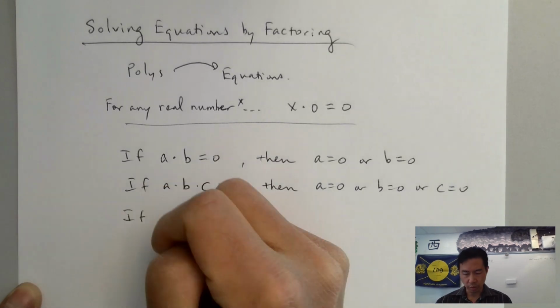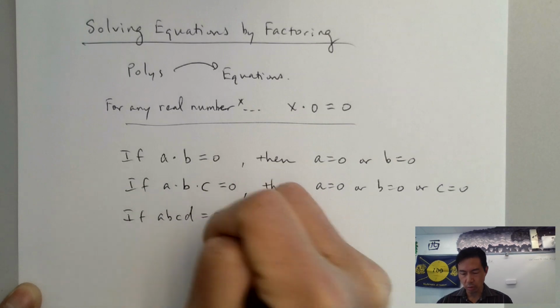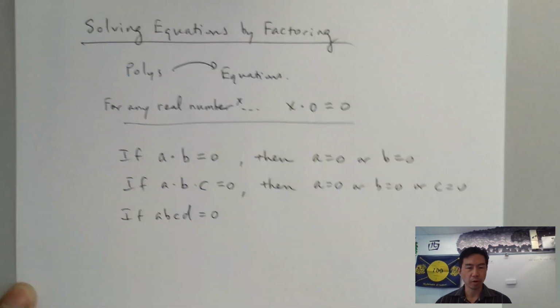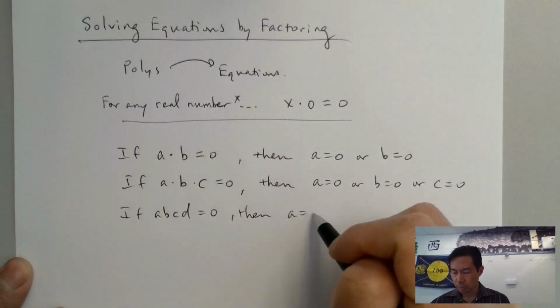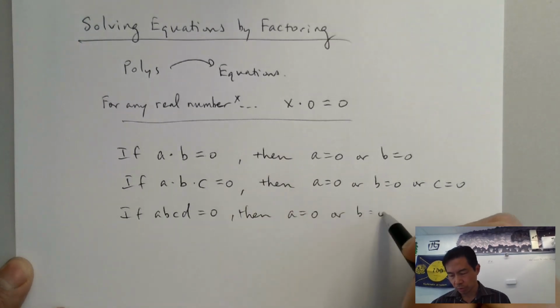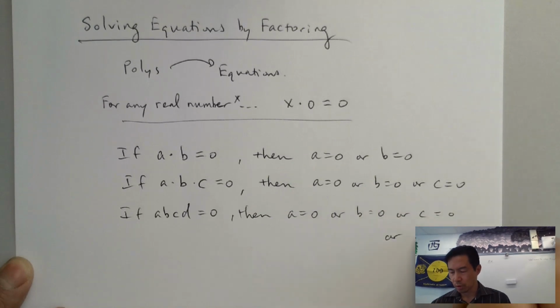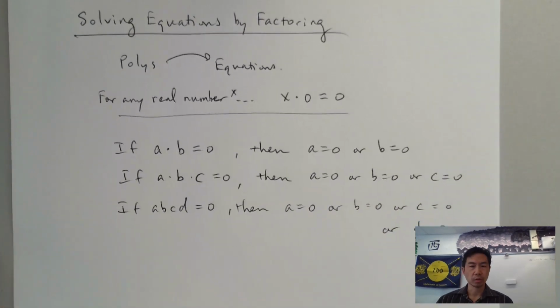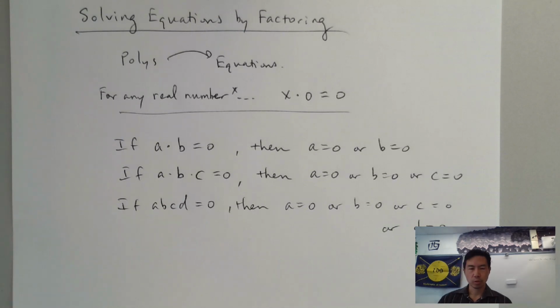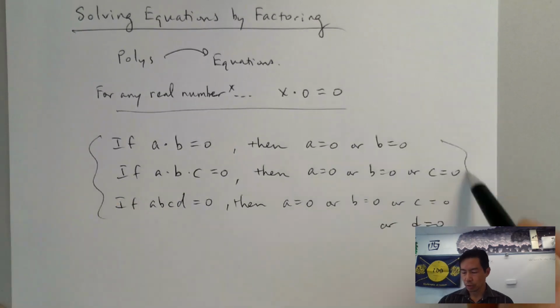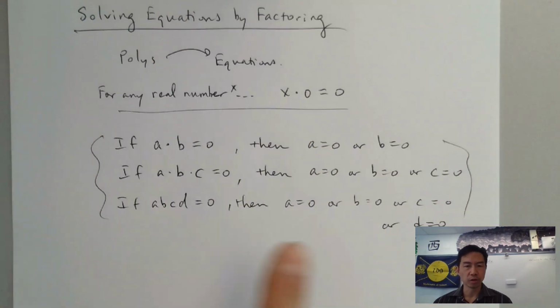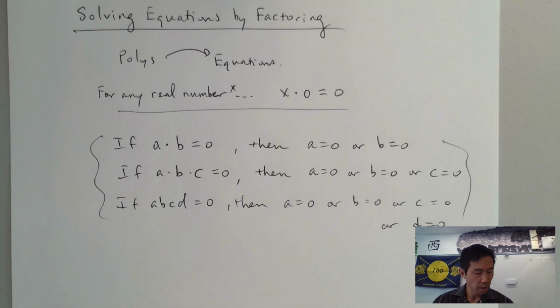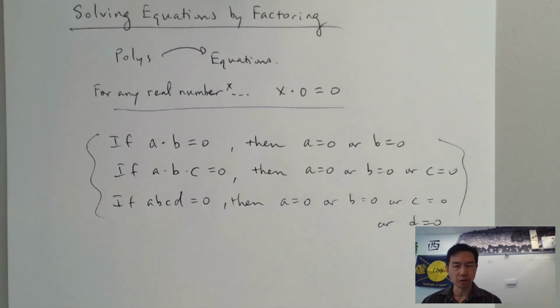And of course, if abcd equals 0, which is just a quick way of writing a times b times c times d, then it must be true that either a equals 0 or b equals 0 or c equals 0 or d equals 0. Okay, so these three conclusions are based on that. And we're going to use these conclusions over and over again today as we factor polynomials and solve equations by factoring.